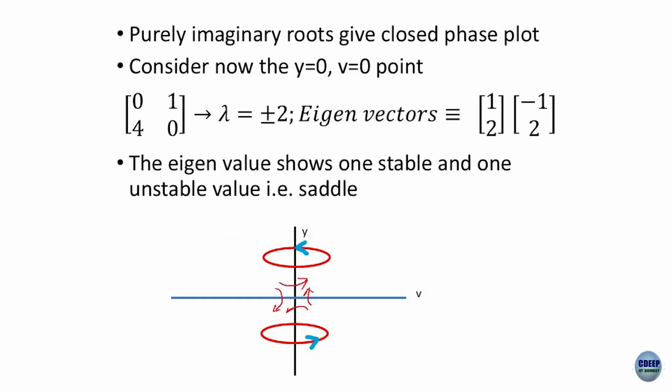And the last point, which is y equal to 0, v equal to 0, once you look at the eigenvalues and eigenvectors, you see that you've got one positive and one negative eigenvalue, which means that it's a saddle point. So that's going to be the behavior of the solution, and we have said that this is the point about which the solution is valid.